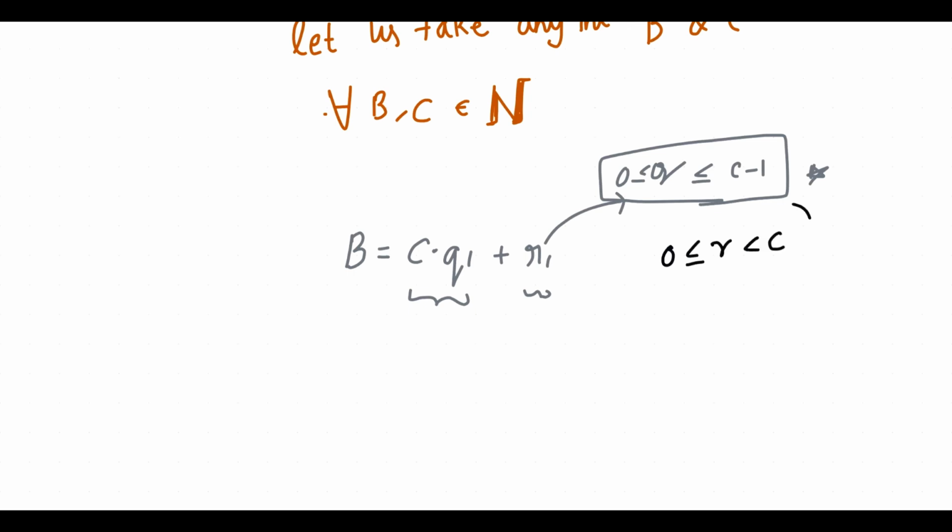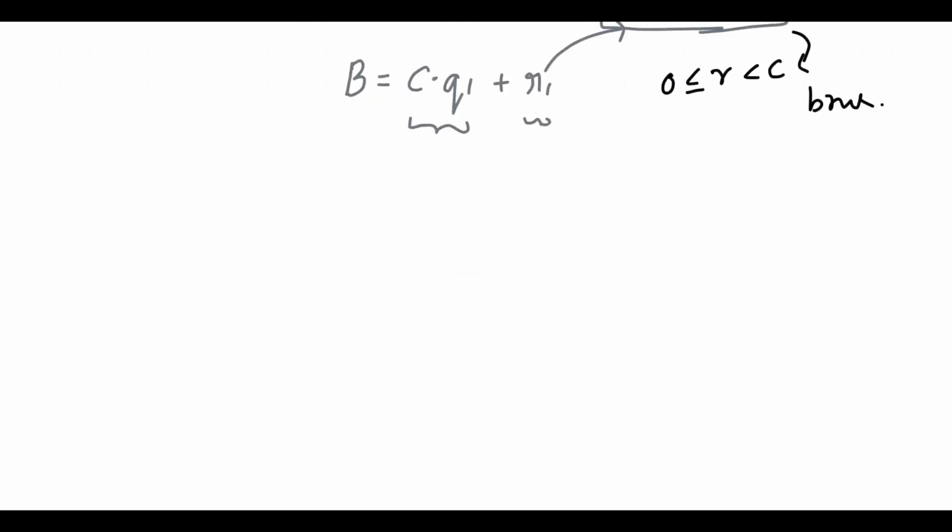So that's the Euclid algorithm. But we can extend it, since we still haven't found the GCD. We have taken b and c. Now let me term this GCD one.